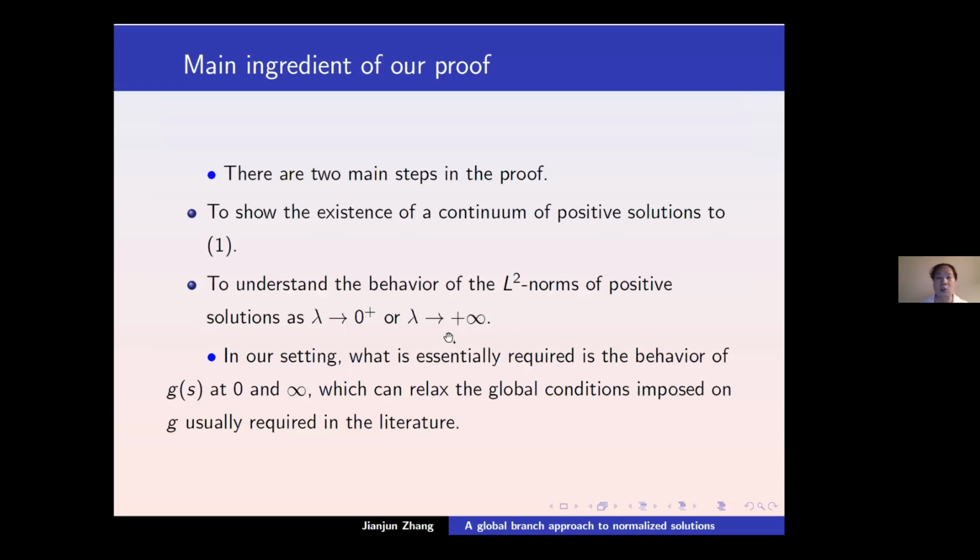Here we point out that our argument highly depends on the behavior of the nonlinearity G near the origin and infinity. This means that the behavior of G near the origin and infinity can guarantee the existence or non-existence of normalized solutions.